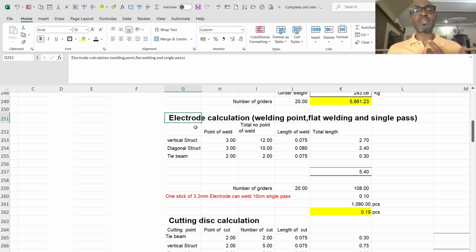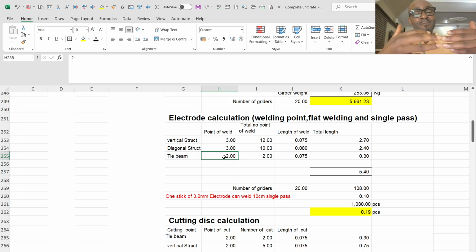For the computation of the electrode, like I told us, we have 3 points we are going to weld in each of the members. Then for the tie beam, because the total length of the girder is 7.5, and the length of one angle iron the way it comes from the market is 6 meters, you need to chop off an additional 1.5 from another full length, then join it to the 6 meter length to get your 7.5 meter length.